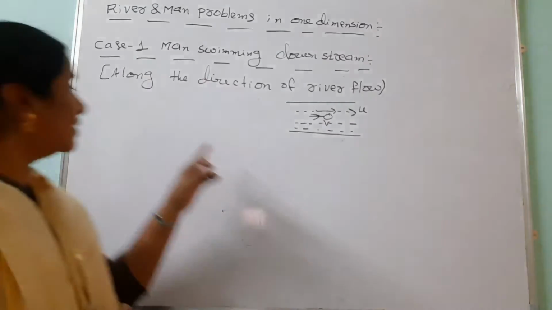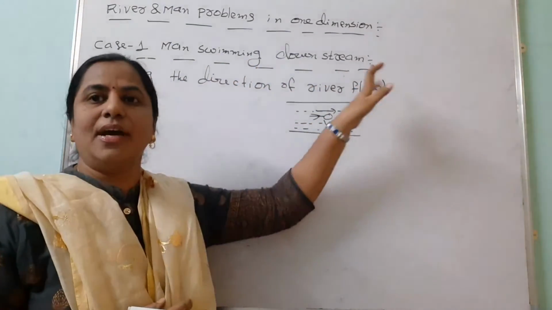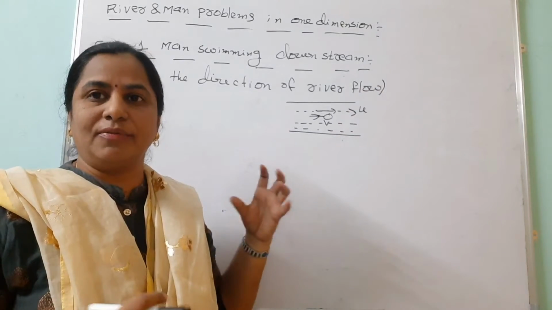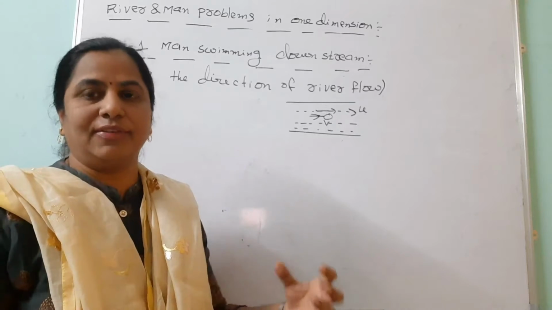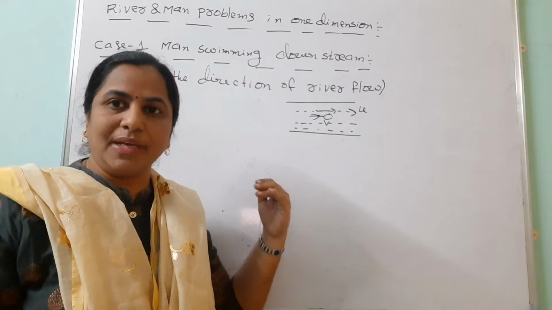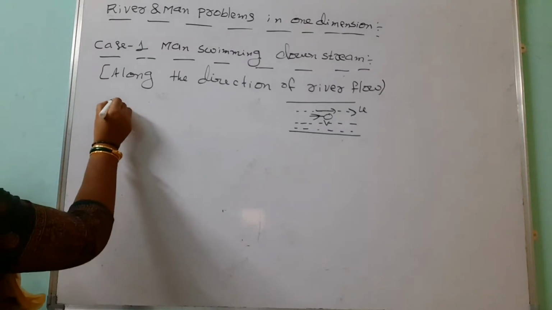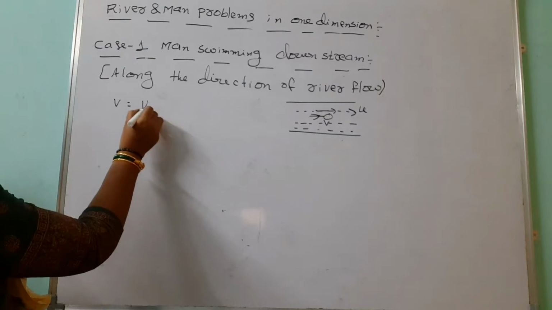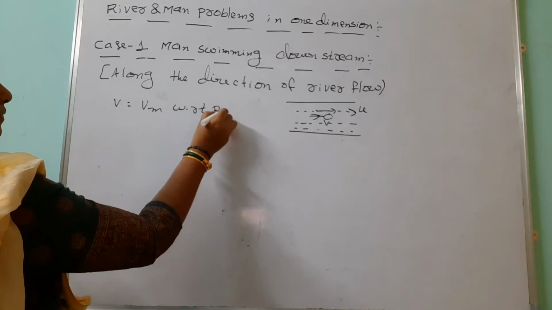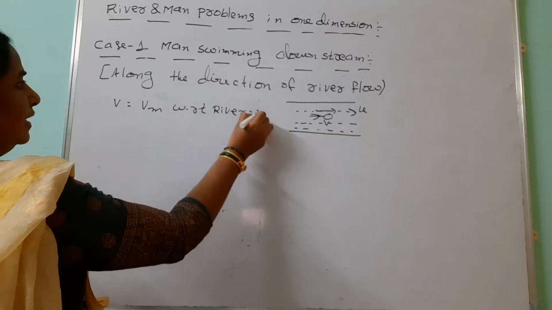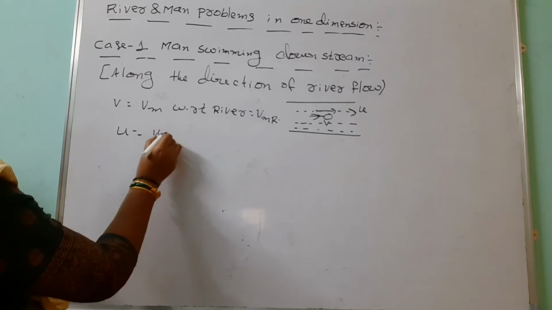First, case 1: the man is swimming downstream. They will mention downstream in the problem, but we should think the man is swimming along the water flow, along the river flow. So river and man are both going in the same direction. In this case, V is the velocity of man with respect to river, VMR. Like that, U is the velocity of river.